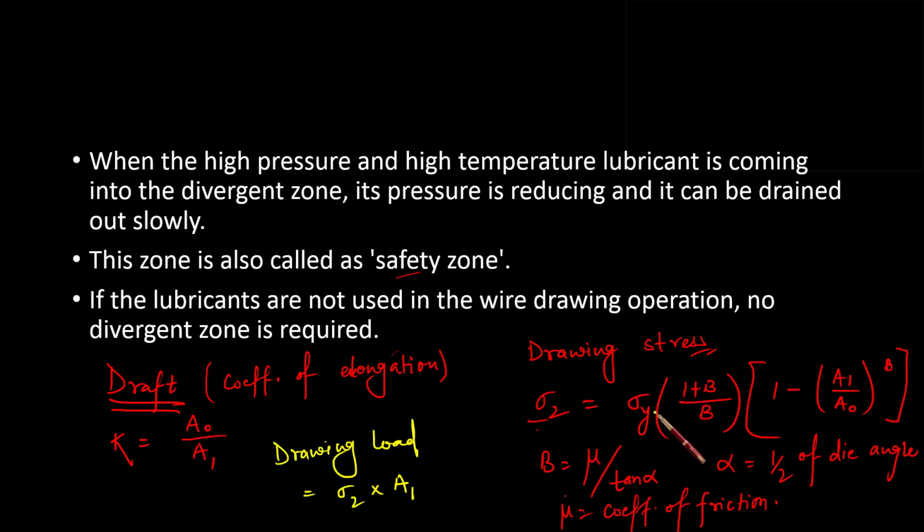So b can increase in what way? Either mu will increase or tan alpha will decrease. Tan alpha decreasing means alpha will decrease, right?